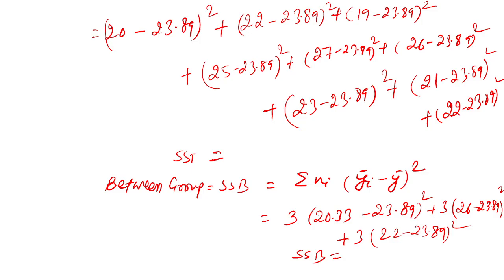Please just do it. I will also do it parallelly. I think 20 minus 23.89 will come somewhere around minus 2.11.